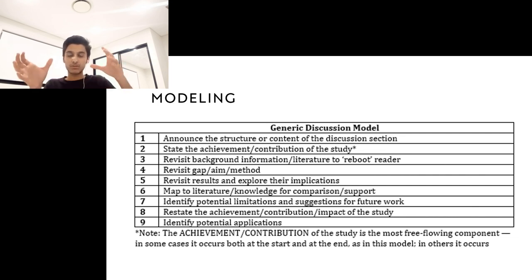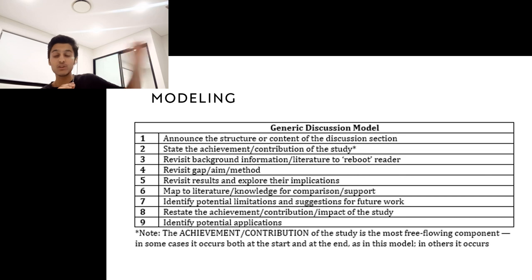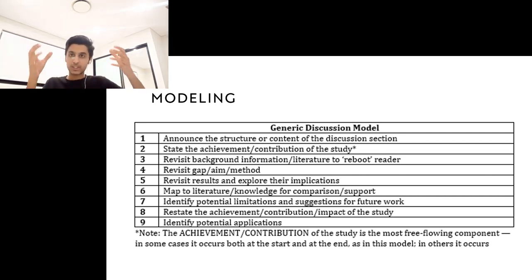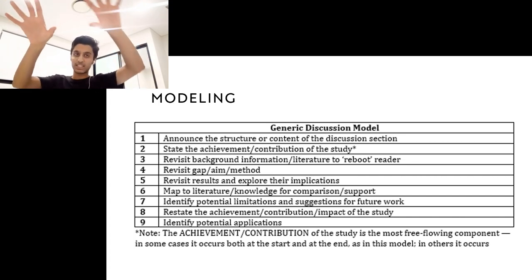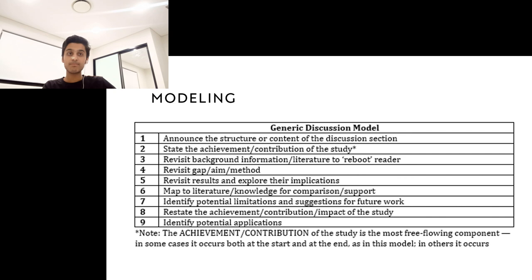So, you know how I constantly say, if you check the previous videos, I say that you want to lead your reader in a direction. And that's where they get that idea. And in the discussions, you want to take them on that journey. And when you're taking them on that journey, they can put your paper into a specific context. As in this case, look, they map to literature, knowledge for comparison or support.